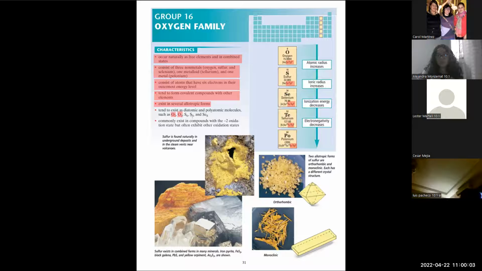You can do the same with hexasulfur. They're polyatomic. Polyatomic means that they have multiple atoms, more than just one atom in the molecule.